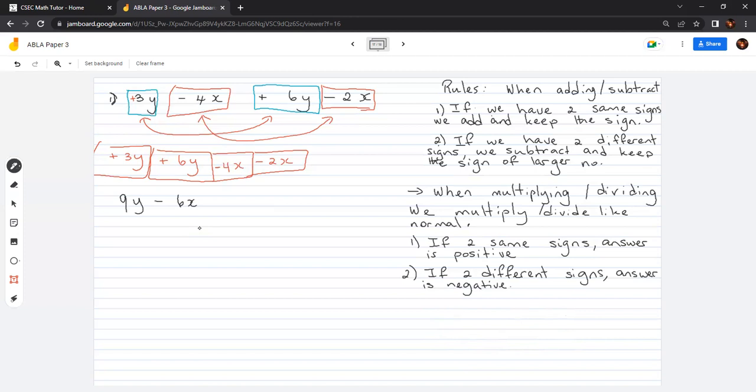Now, with respect to expansion, so this one was grouping like terms. Expansion is going to use this rule. Now, expansion deals with brackets. So they might give you something like this.